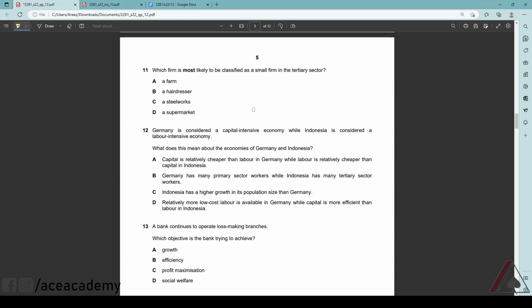It's the supplying of the agricultural goods or the manufacturing goods, so it deals more with the first and second sectors. Plus it's a supermarket, so it's not a small farm to begin with. So D is not your answer. Your answer here would be B, a hairdresser.